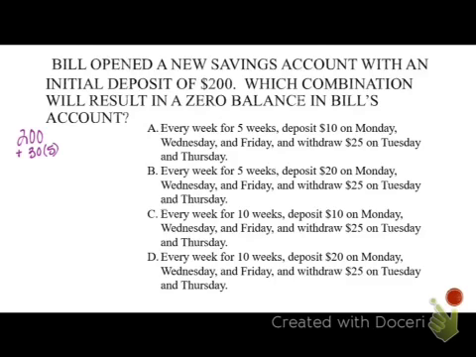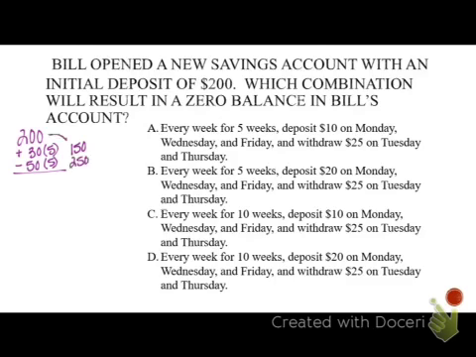We then have a withdrawal of $25 on Tuesday and Thursday. So that's an overall withdrawal of $50 a week for 5 weeks. If we do the multiplication and the addition and subtraction, we can see whether we end up with a zero balance or not. 30 times 5 gives us 150, and 50 times 5 gives us 250.